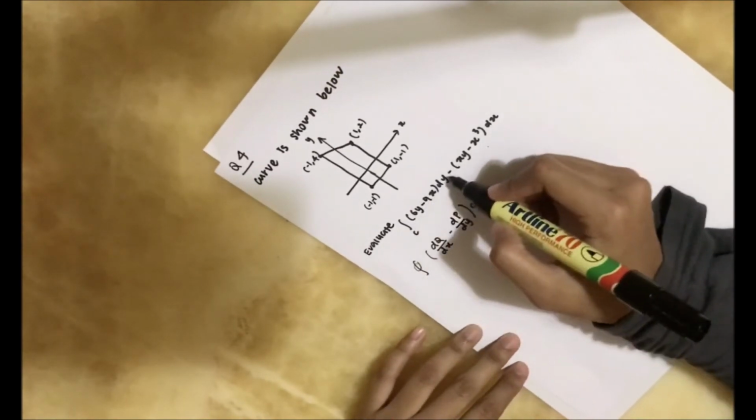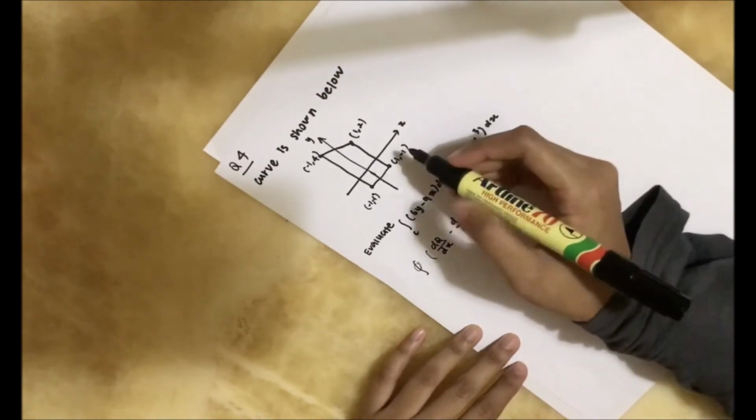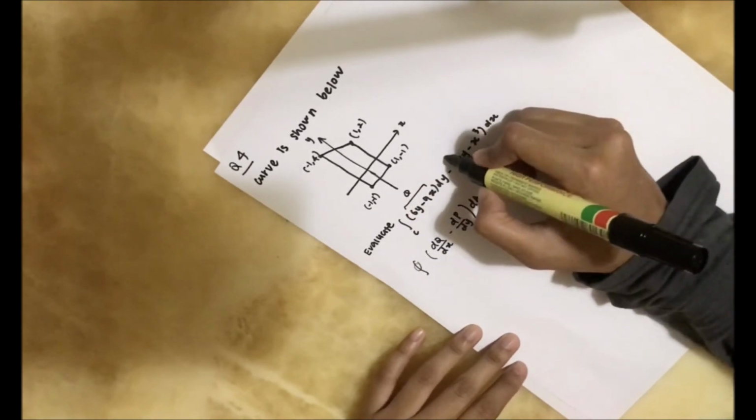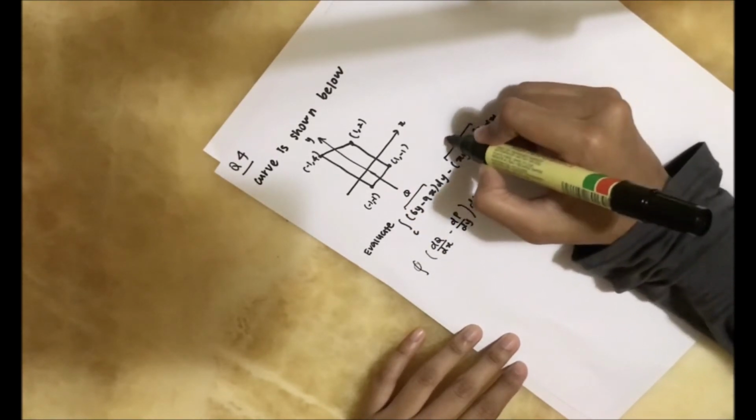Whatever is in front of dy is the Q function, and whatever is in front of dx is the P function.